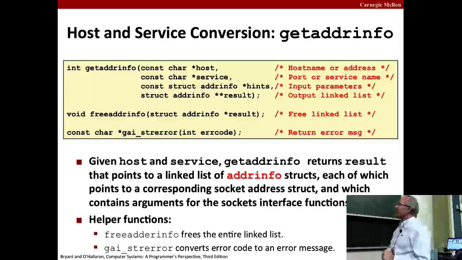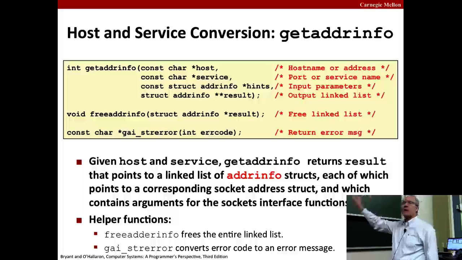The service is usually a null pointer if we're using this to look up a host. Basically, typically one of those two will be a string and the other will be a null pointer.